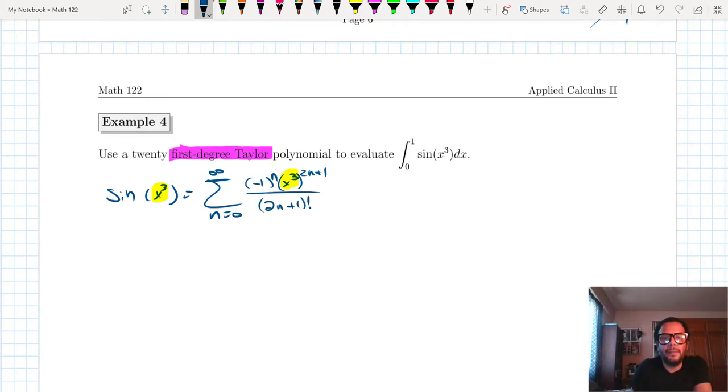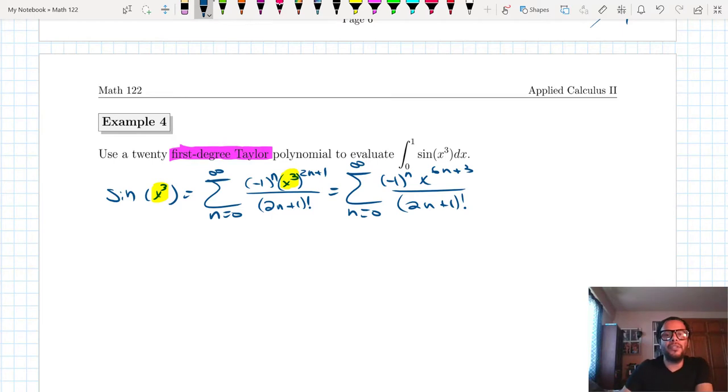All right, so let me simplify first. n equals 0, infinity, negative 1 to the nth power, and this will be x to the 6n plus 3, okay, divided by 2n plus 1 factorial.